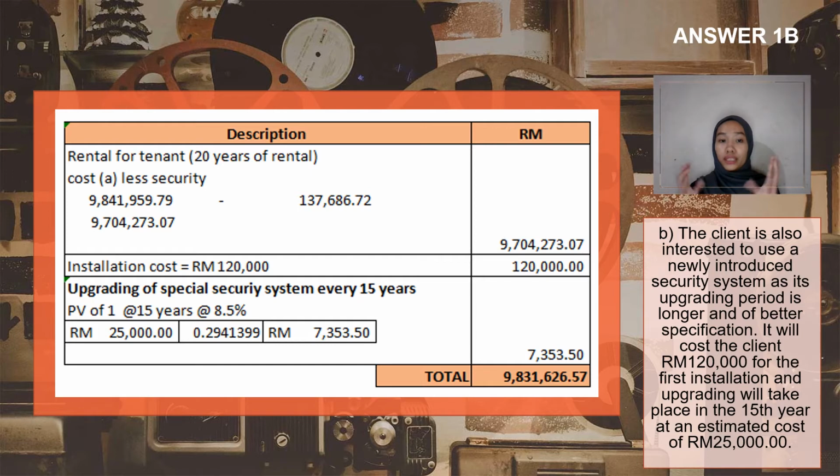In order to find the new total cost with the new special security system, we first take the rental cost from question 1A, which is 9.8 million, and subtract the previous security system, which is the installation cost of 100,000 and secondly the security system cost of 37,000.